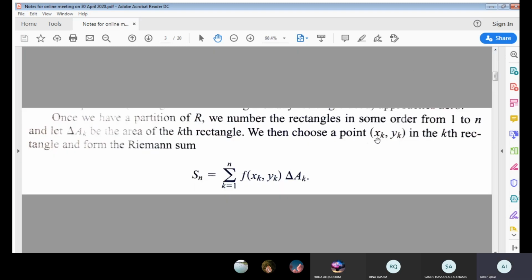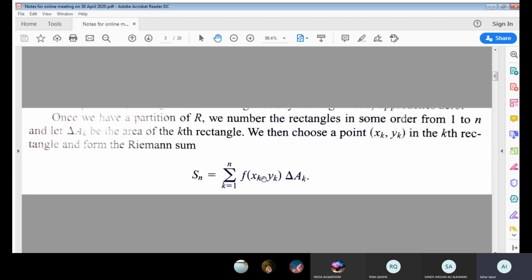We then choose the point (x_k, y_k) in the kth rectangle and form the Riemann sum. The Riemann sum is formed in exactly the same way as before. It consists of the product of the value of the function at the middle point of that small rectangle, multiplied by the area of the small rectangle, which is delta A_k.